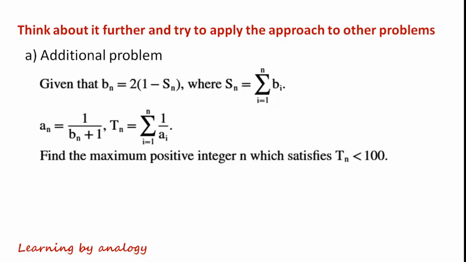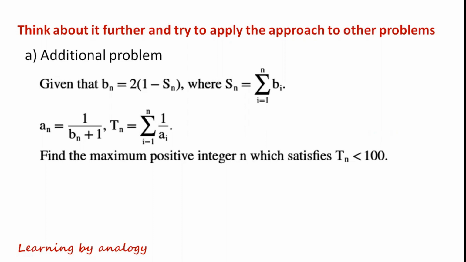Given that bn equals 2 times (1 minus Sn), where Sn equals sigma i equals 1 to n of bi, an equals 1 over (bn plus 1), and Tn equals sigma i equals 1 to n of 1 over ai.